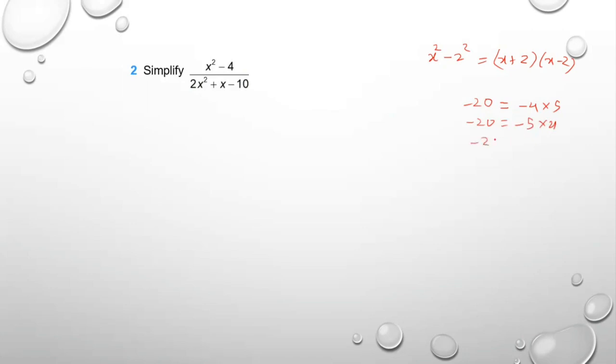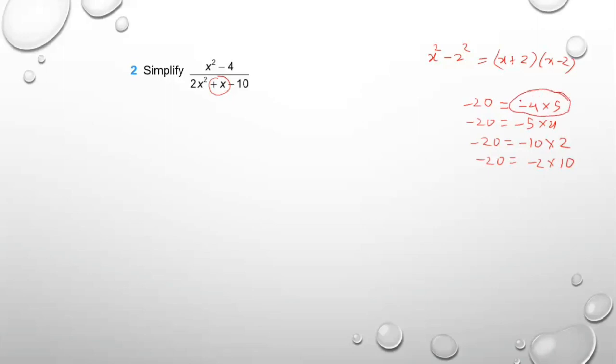Minus 20 can be given as minus 10 into 2 as well. And minus 20 you can get as minus 2 into 10 also. But you have to choose, this is positive 1x. No coefficient means 1 is the coefficient. So which one when you add will give positive 1? So of course this one.